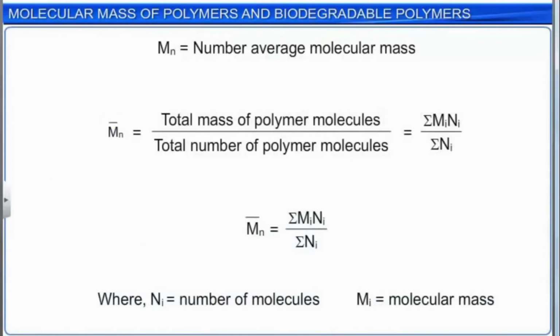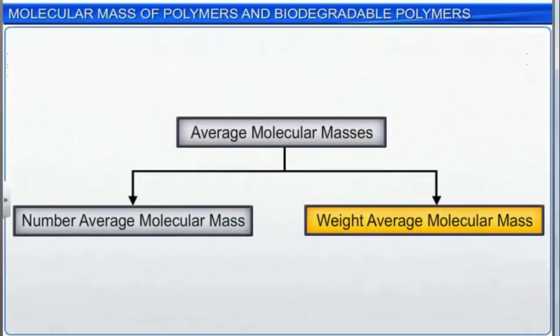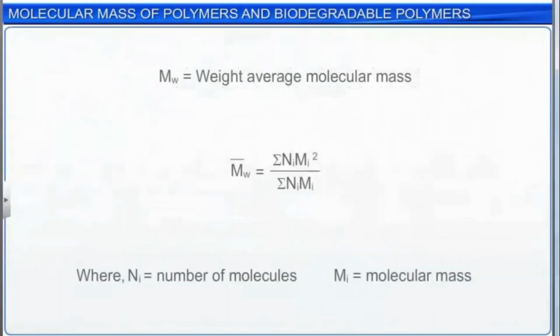To calculate number average molecular mass, find the total mass of polymer molecules and divide it by the total number of polymer molecules. Weight average molecular mass is indicated by Mw. The formula to calculate Mw is given here.